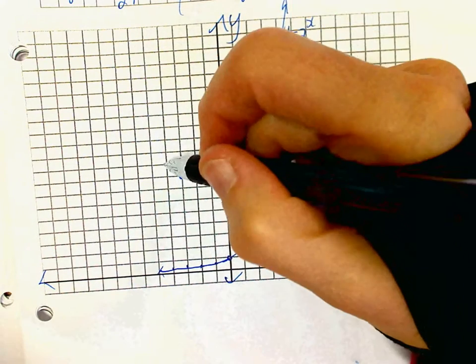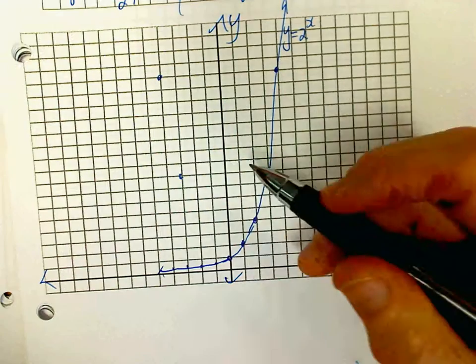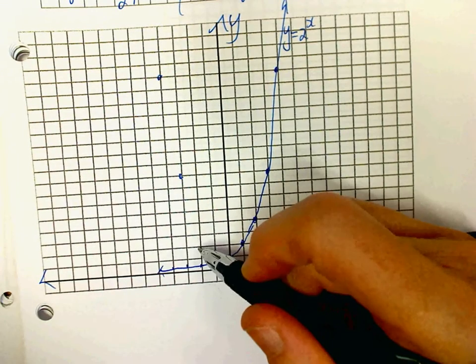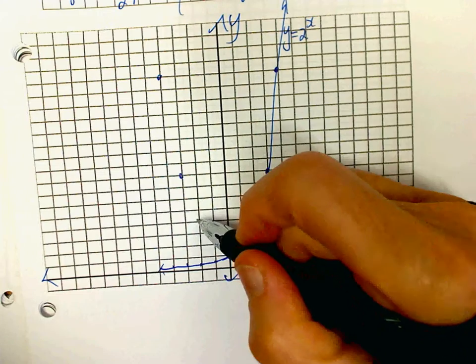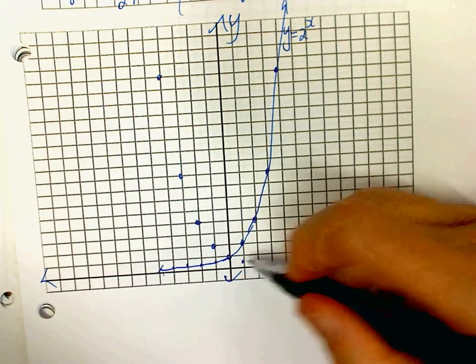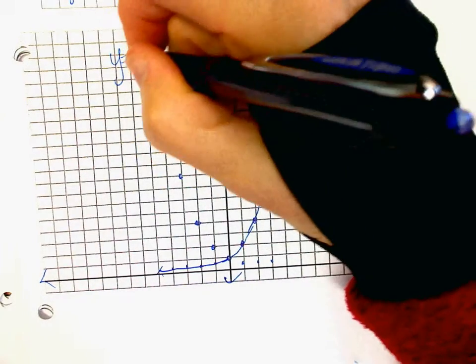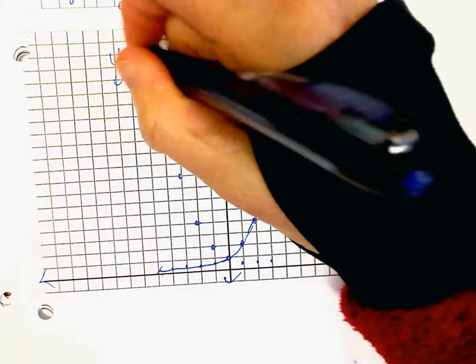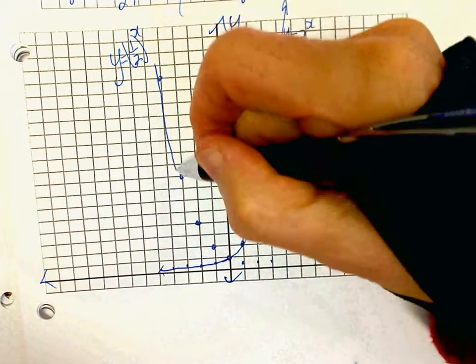When x is -2, it's 4. When x is -1, it's 2, 0. Do you notice this is y equals 1 over 2 to the x, which is really the reflection in the y-axis.